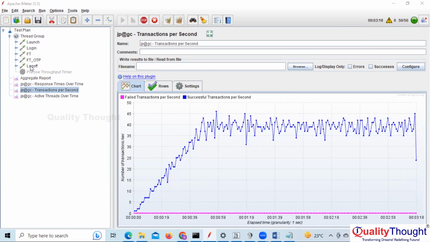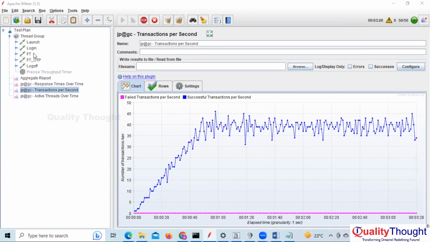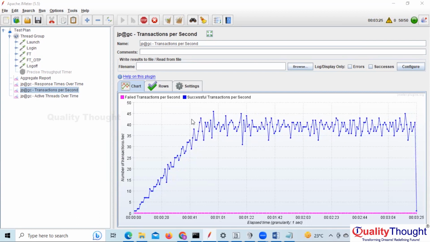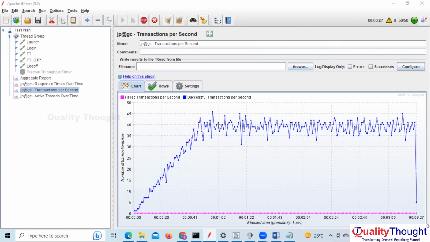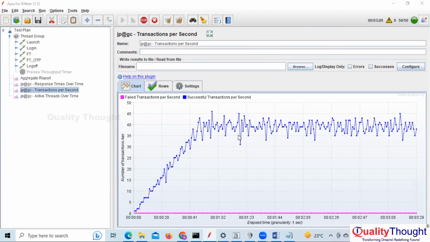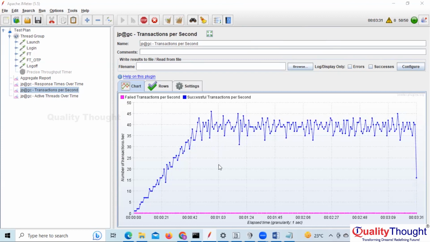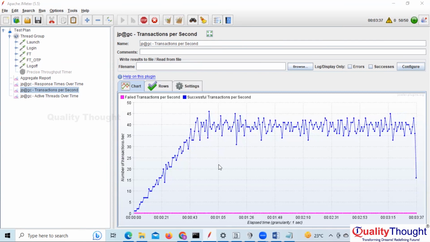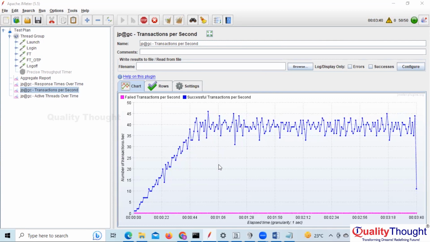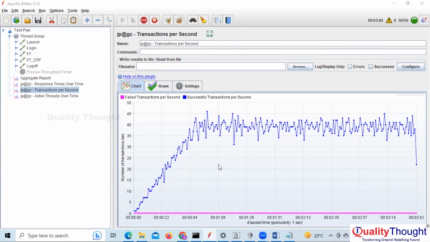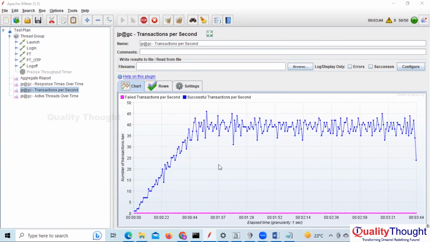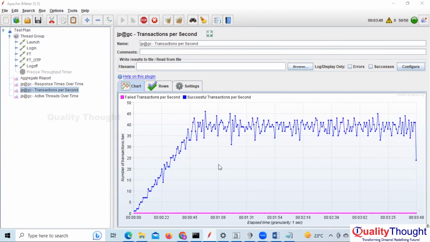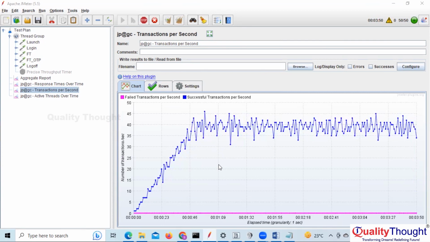Though we are using different scenarios, launch, login, fund transfer, OTP, log off, this throughput is for all transactions combined. I think throughput has to be individually calculated for everything, because the transactions would respond differently for each of them. I think that's where it is getting lost.